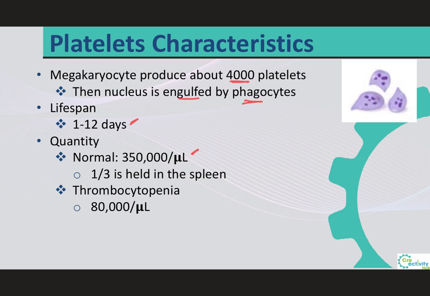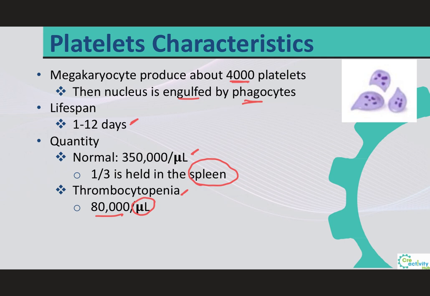About a third of the platelets in the body at any moment are actually held, for example, in the spleen. These reserves can be mobilized when there's a circulatory crisis, such as severe bleeding or hemorrhage. An abnormally low platelet count of about 80,000 per microliter or less is known as thrombocytopenia.